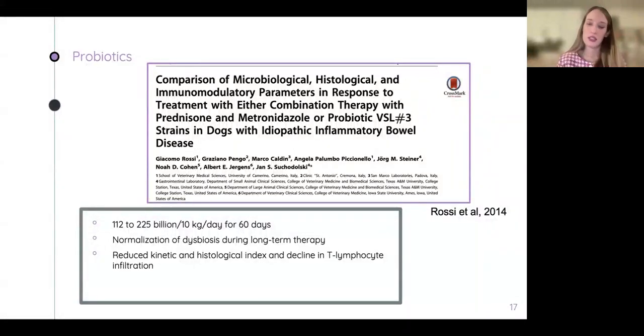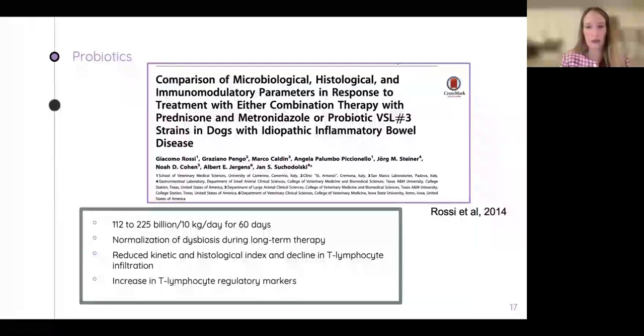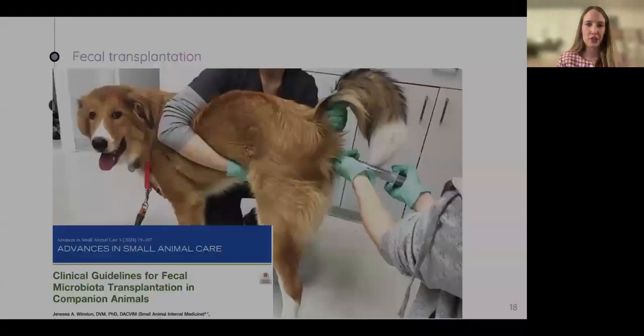They also checked the histological findings, and there was quite an improvement there. In other groups, they used metronidazole and prednisone. So we can speculate that metronidazole probably made things worse for the other group. But generally they have proven really nicely that this probiotic would be a good option for our patients.